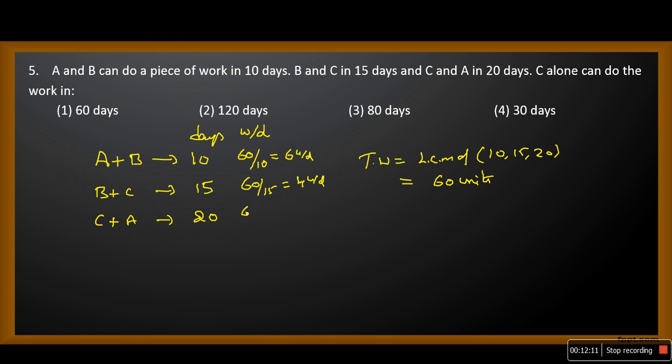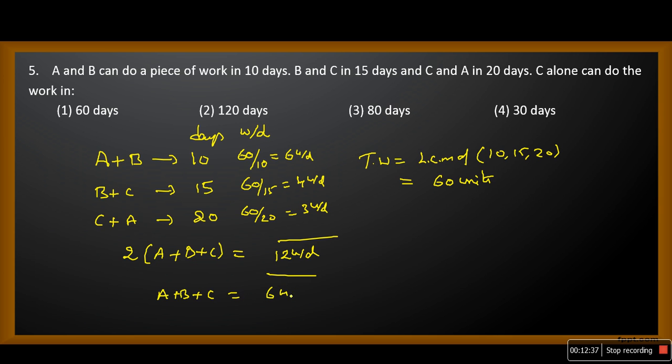And C and A, 60 by 20, 3 units per day. Look here, A is 2 times, B is 2 times and C is 2 times. With 2 times the efficiency of A, B and C, they are doing 12 units per day. With 1 time the efficiency of A, B and C, they will do 6 units per day.